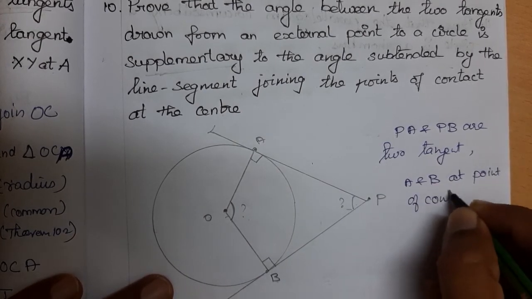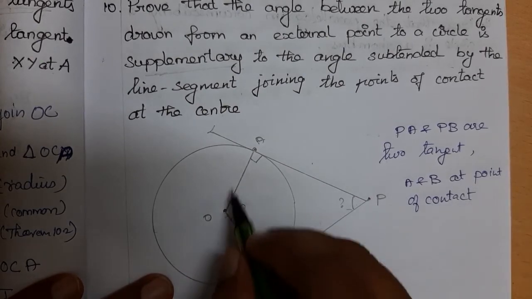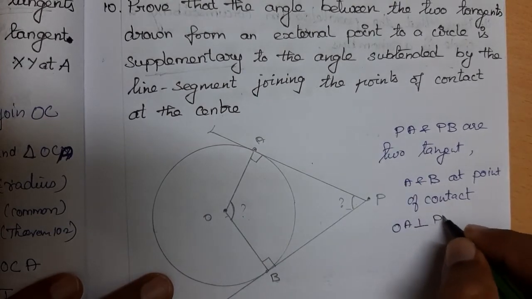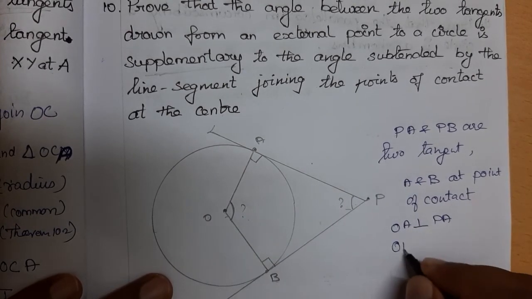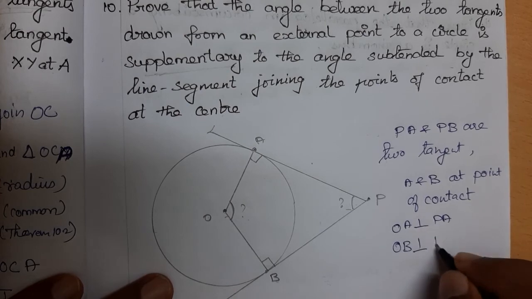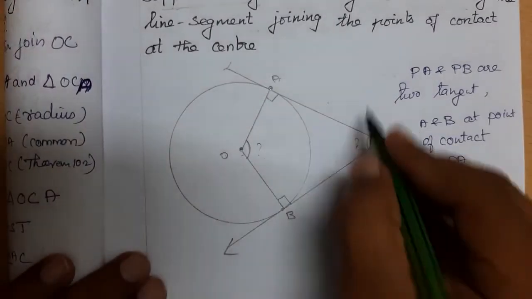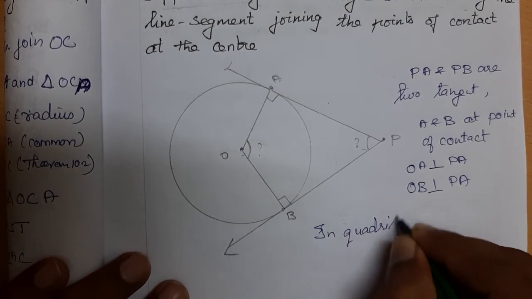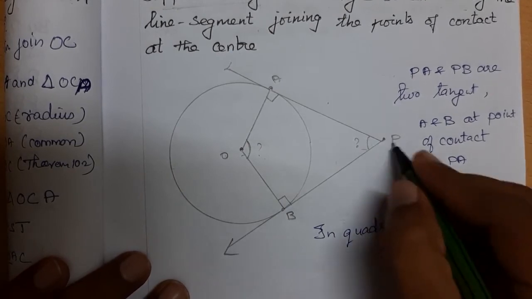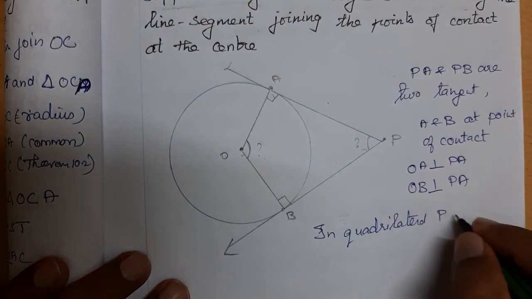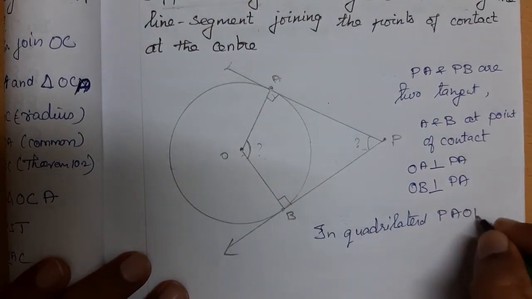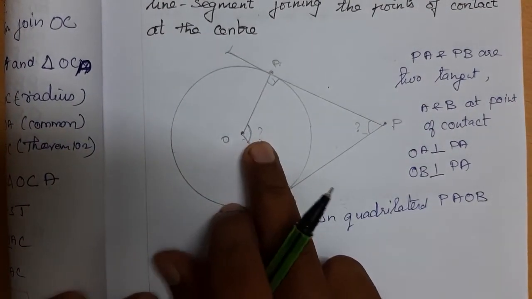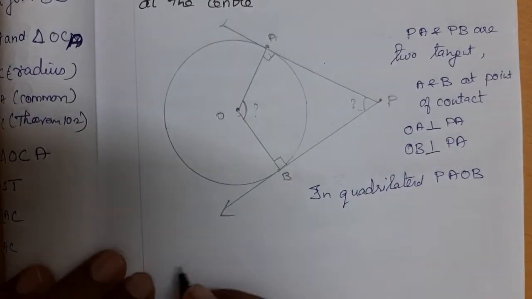OA is perpendicular to PA by theorem and OB is perpendicular to PB. So we formed a quadrilateral PAOB. If we add its angles, it has to be 360 degrees, by the angle sum property of the quadrilateral.